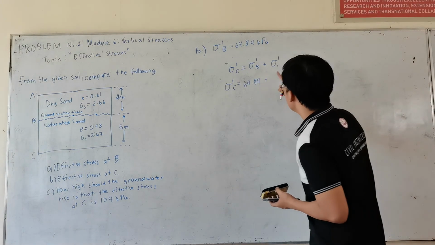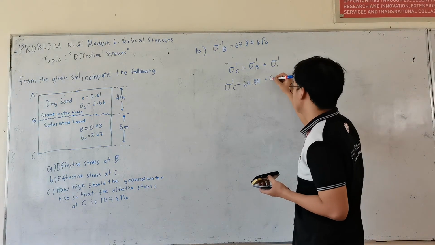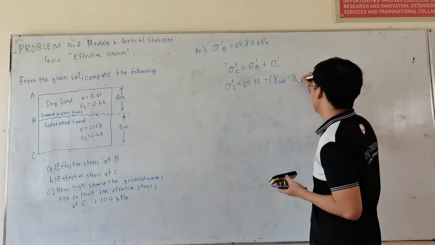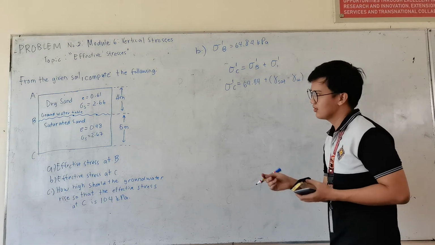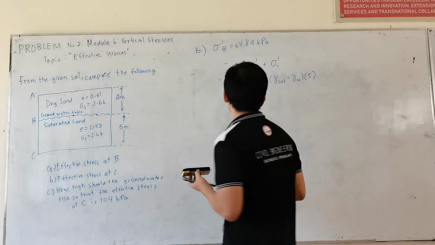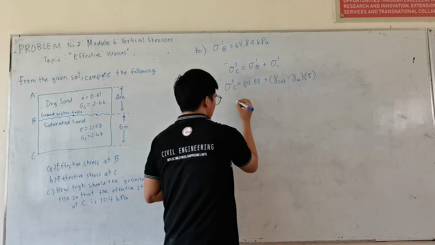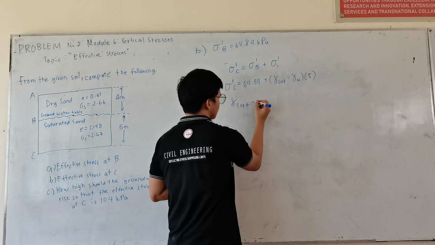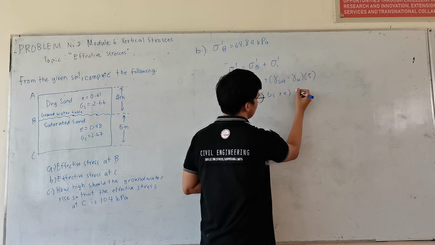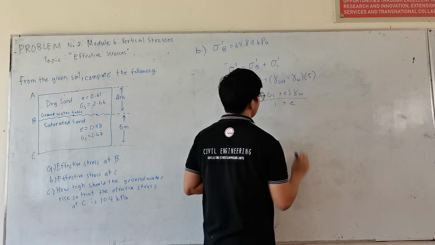So, ang Y submerged natin is equals to Y sat minus Y unit weight of water times yung thickness niya, which is 5 meters. So, una muna natin hanapin is yung unit weight niya ng saturated soil. So, Y sat is equals to GS, which is specific gravity plus void ratio times the unit weight ng water over 1 plus the void ratio.